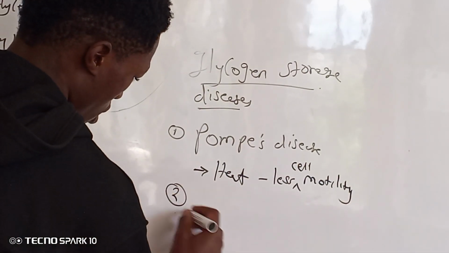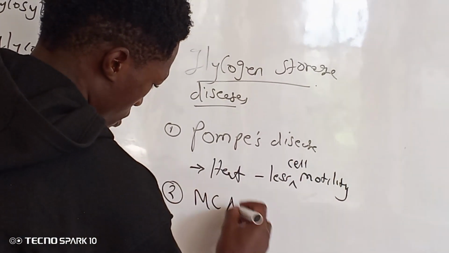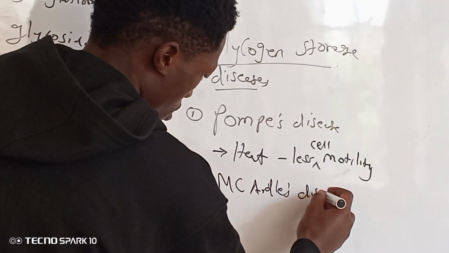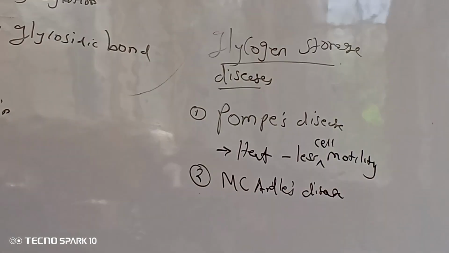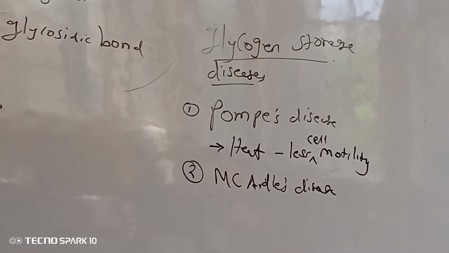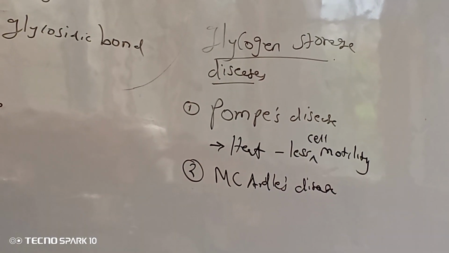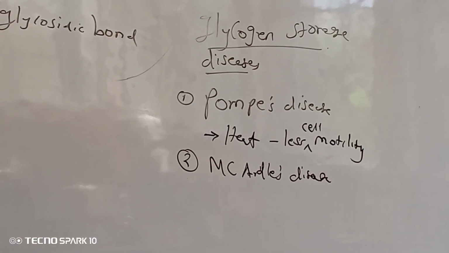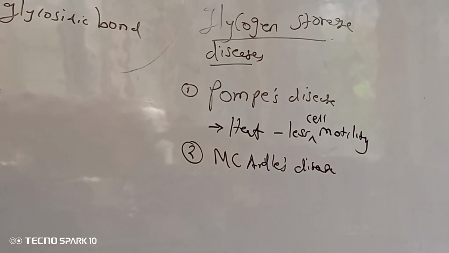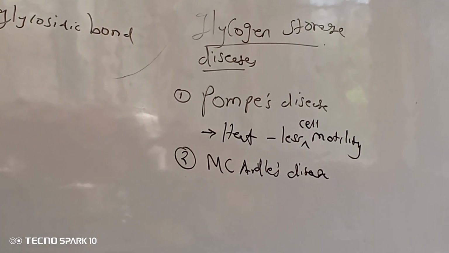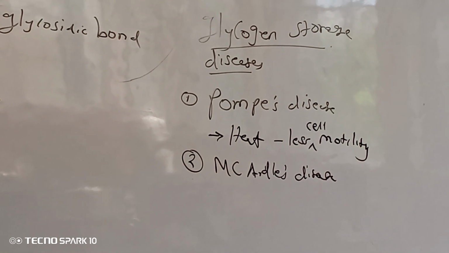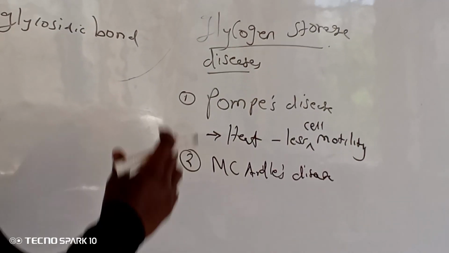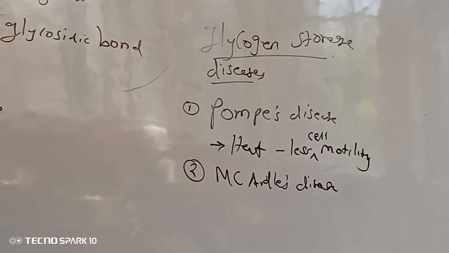Number 2, we have McArdle's disease. This disease mostly occurs in the muscles. It happens when there is a lack of an enzyme that you see in glycogenolysis, when breaking down the glycogen molecule, called glycogen phosphorylase, which breaks the alpha 1,4 glycosidic bond. So when that enzyme is not there, you cannot break down the glycogen molecule.